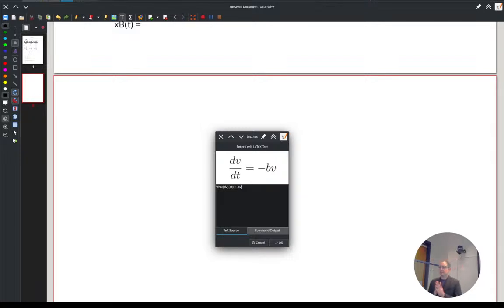So another way we could look at this is dv/dt equals negative b over m times v.